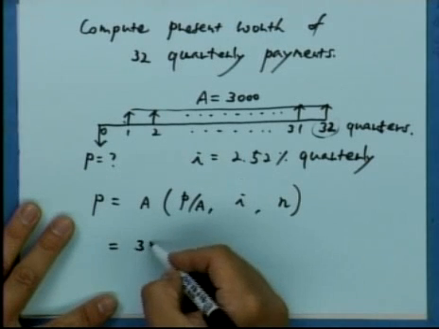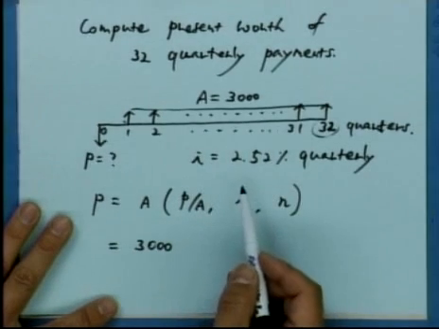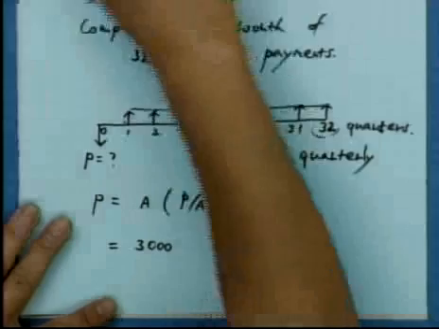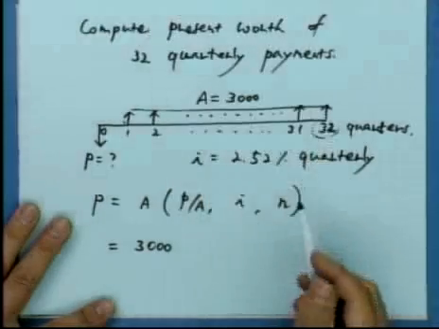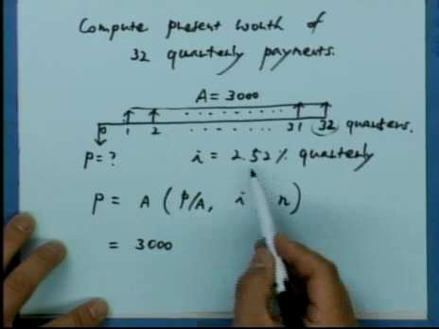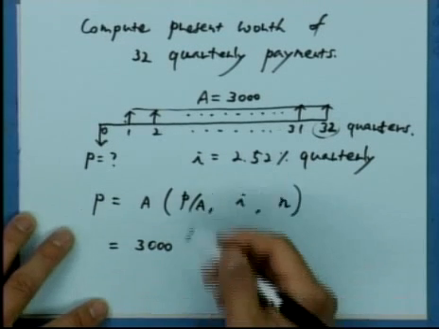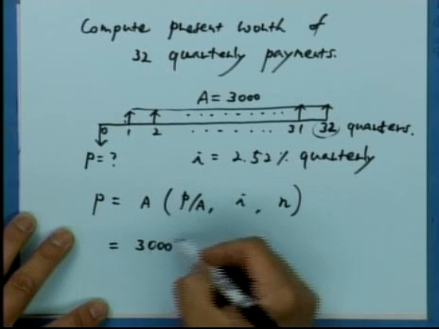Alternatively, you can use the formula, because in the end of chapter in our textbook, the compound interest table does not provide the factor value for a 2.52% interest rate. So let's go with the formula.